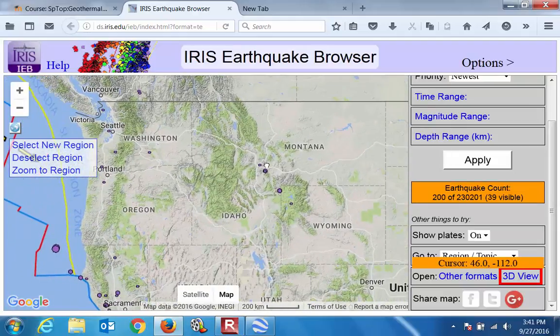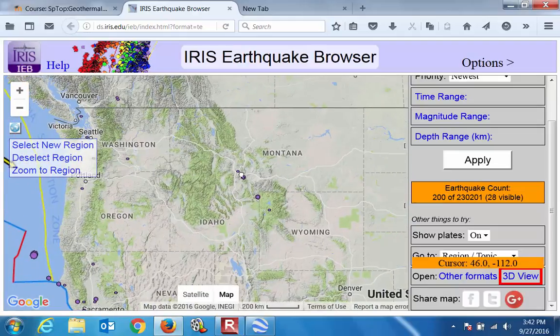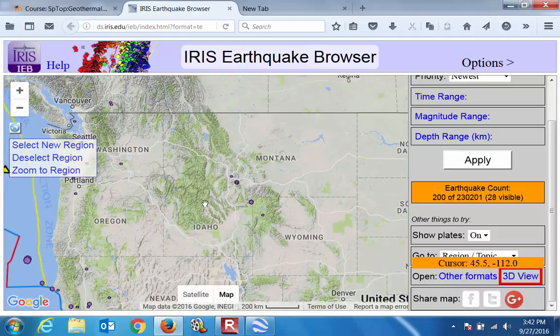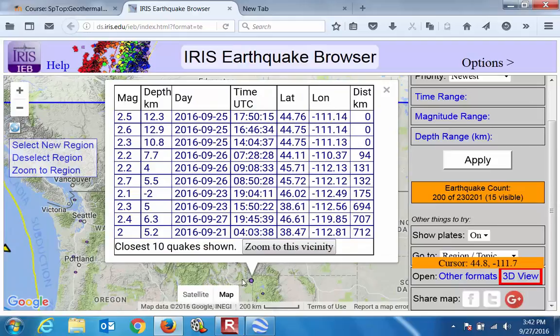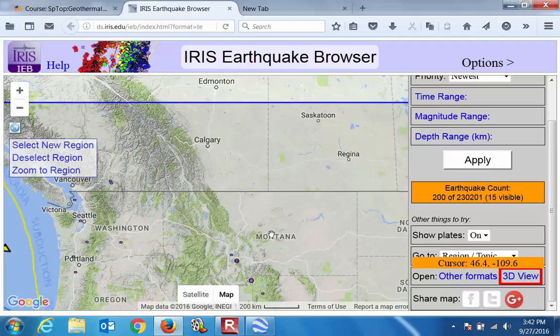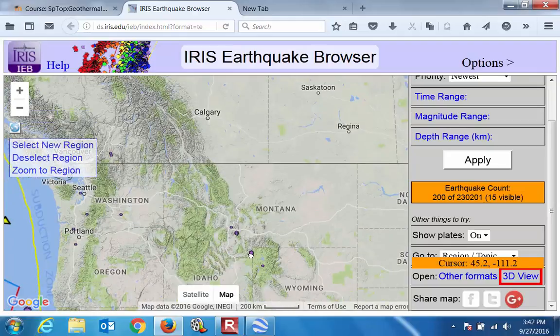The IRIS Earthquake Browser is a real handy tool for you. We're going to be using that to determine our earthquake zones. And here we see this defines the Salmon River Rift. Let's take a closer look at this one here.